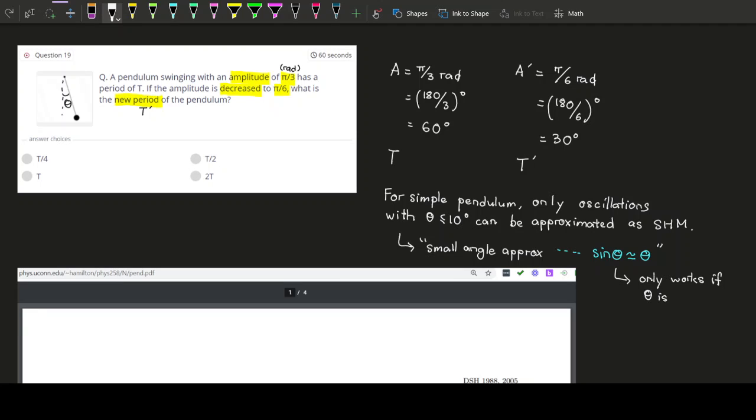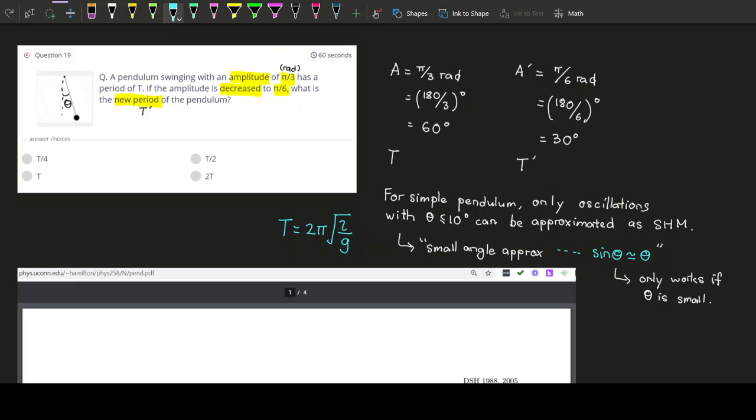That's why it's called the small angle approximation. And because the derivation uses this, the derivation will only be valid if theta is less than about 10 degree. Which derivation am I talking about? I'm talking about this derivation over here: T equals 2 pi square root of L over G. This is the derivation that I'm talking about.